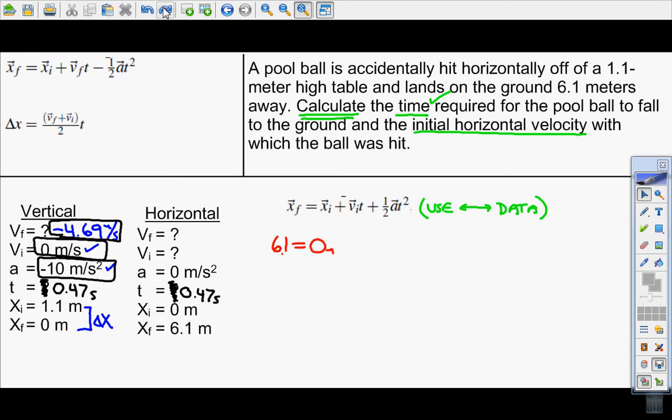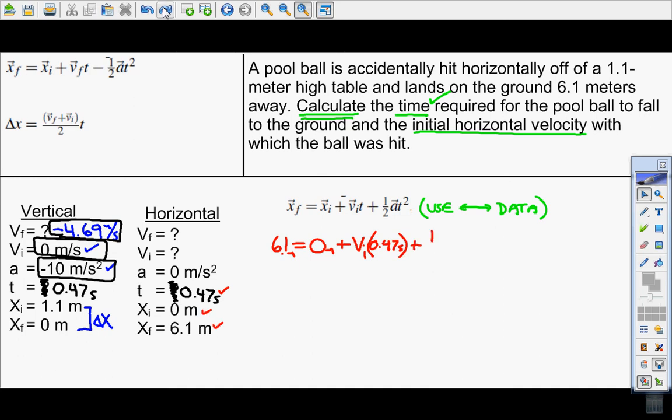I know what my initial horizontal position is. It's 0 meters, and I'm getting this off of my data chart, so you can check that out. I don't know what my initial velocity is horizontally, and I'm going to multiply it with time. So there's my time, 0.47 seconds.